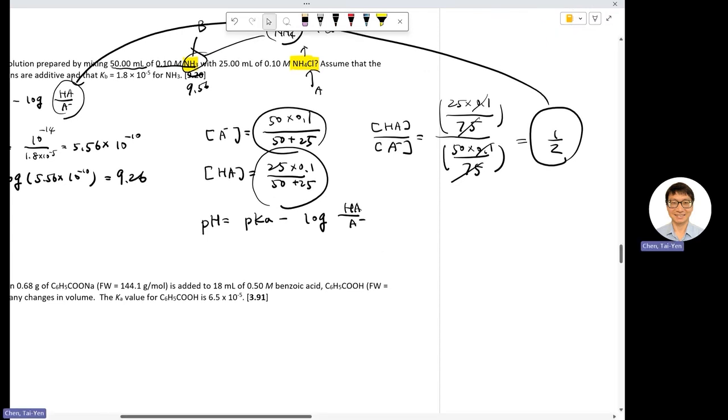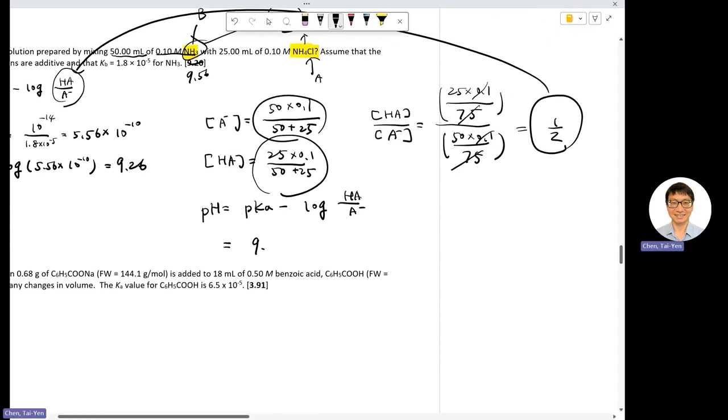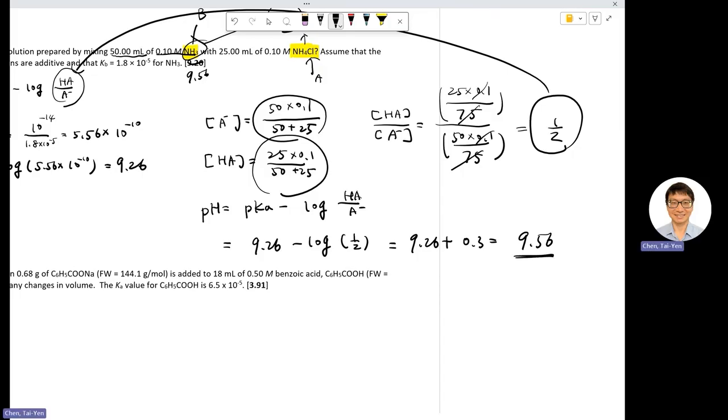Your pKa is 9.26 minus log 1/2. Once you do that calculation, this is actually 9.26 plus 0.3, which equals 9.56. This is how you get the pH of this buffer solution.